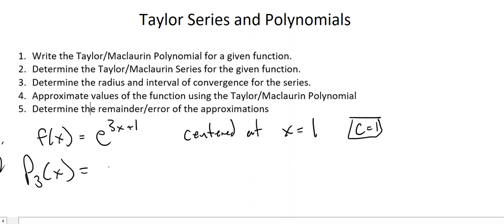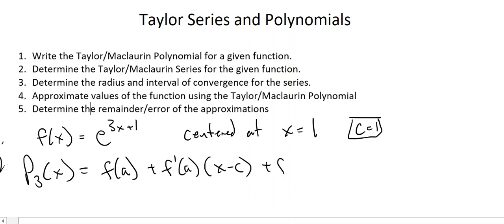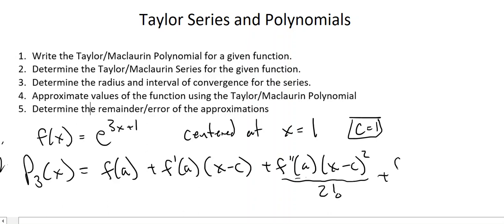So the general formula going out to P3 is going to be f of a plus f prime of a times x minus c plus f double prime of a times x minus c squared over 2 factorial plus f triple prime of a x minus c cubed over 3 factorial.